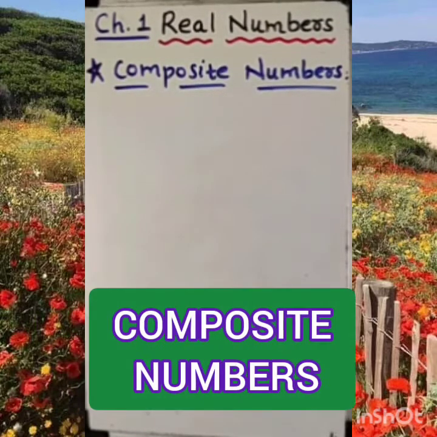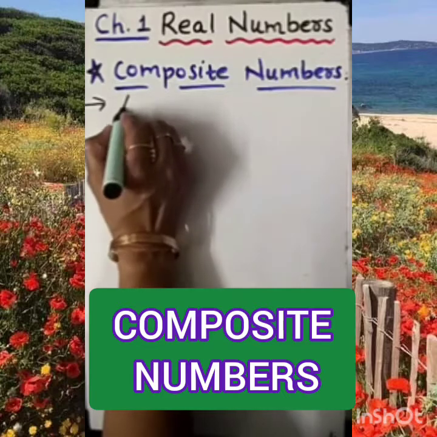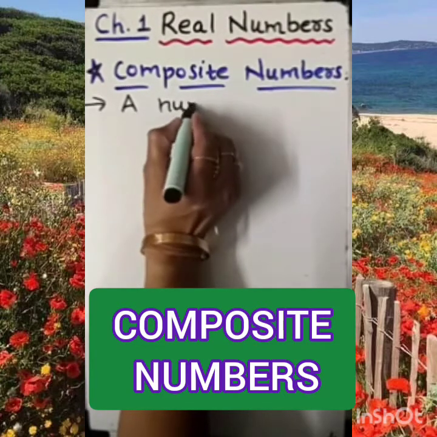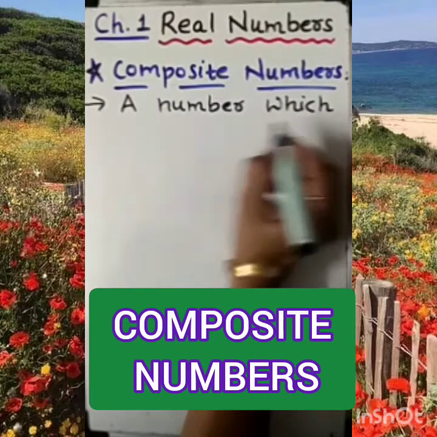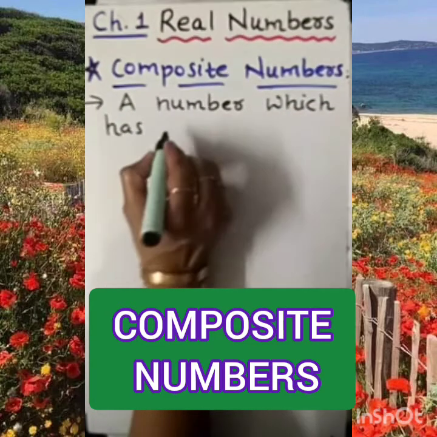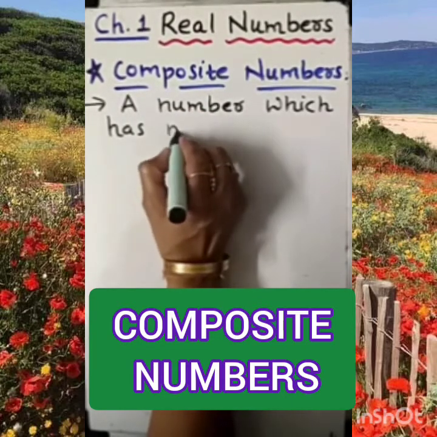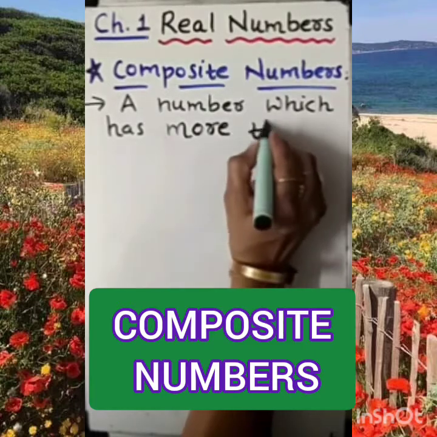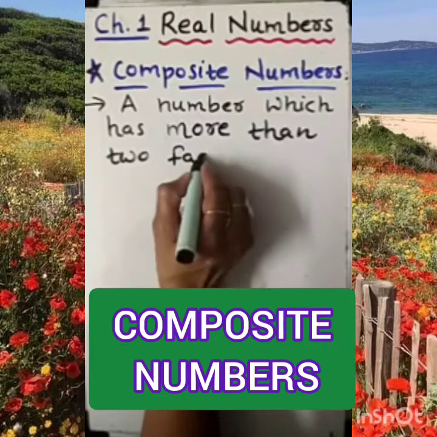So immediately after prime number, one more definition we have to look out for: composite numbers. How to define this composite number? All of you know very well. A number which has more than two factors.